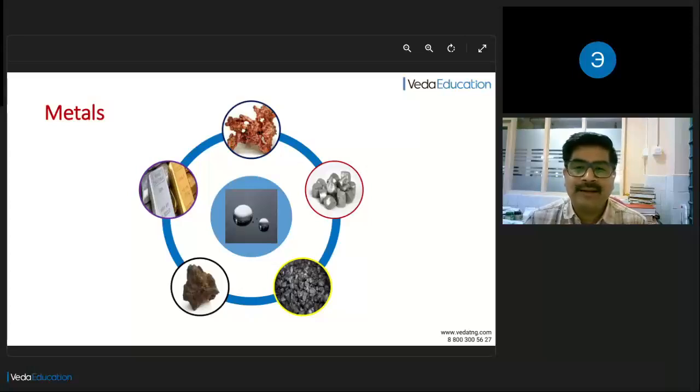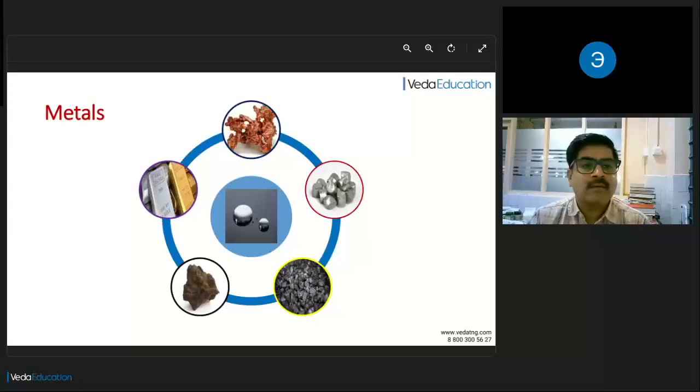Then the fourth one is a kind of metal called mica. It's a combination. And the last one consists of silver and gold.